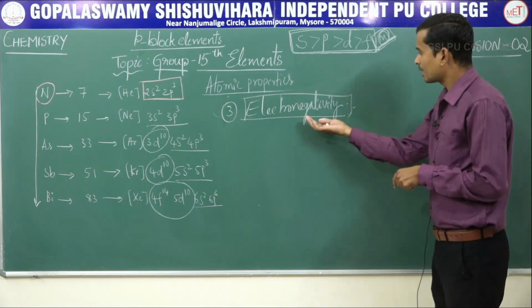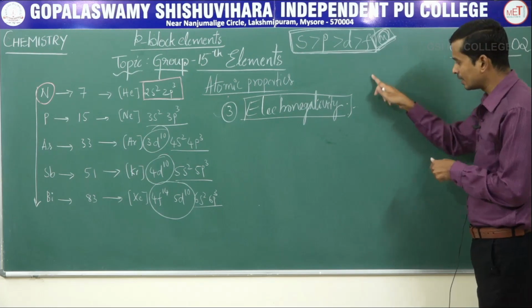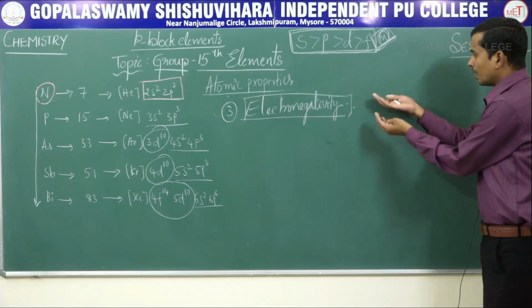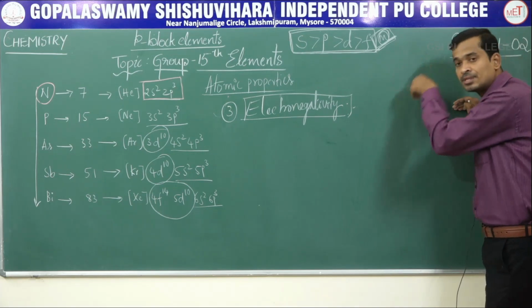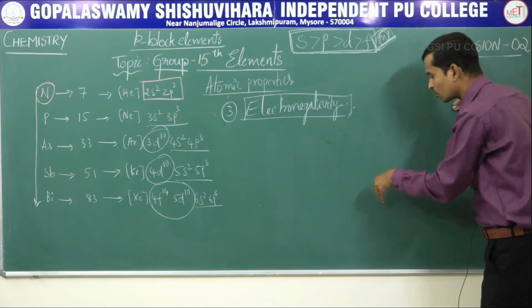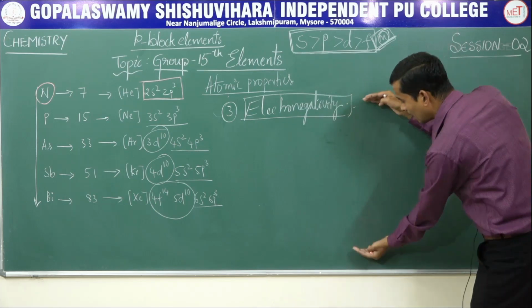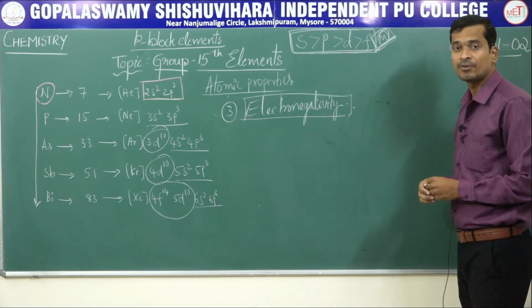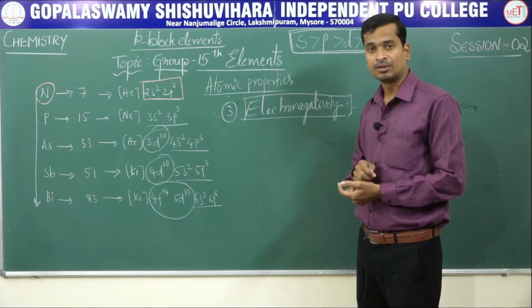Generally, electronegativity increases along the period and decreases down the group. What is the reason? Same reason: along the period, electrons are added to the same shell, and down the group, electrons are added to different shells and the number of subshells increases.